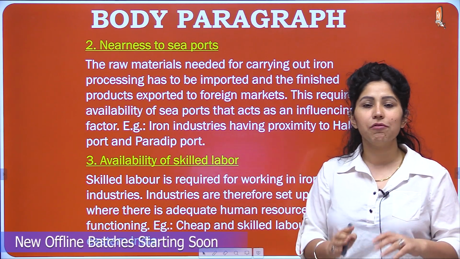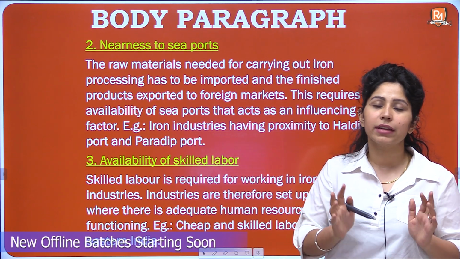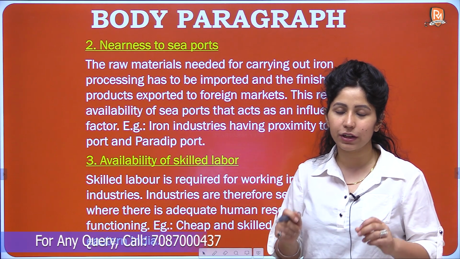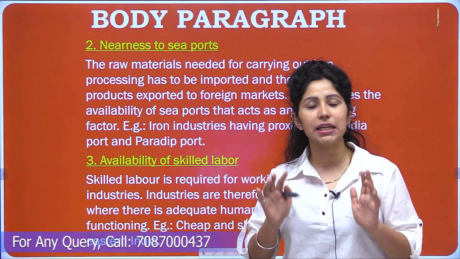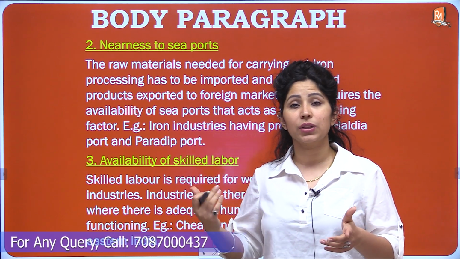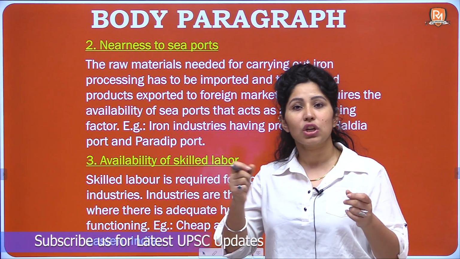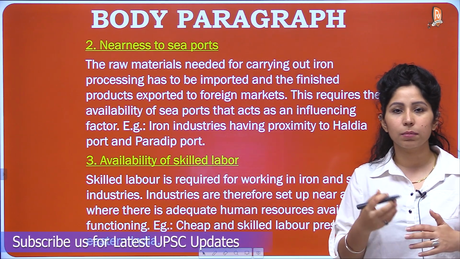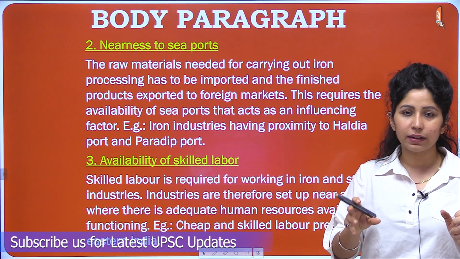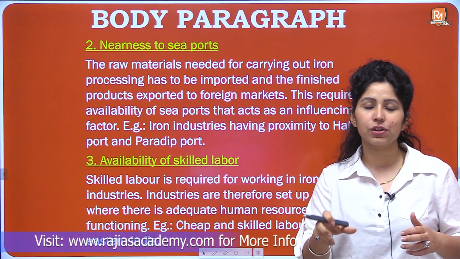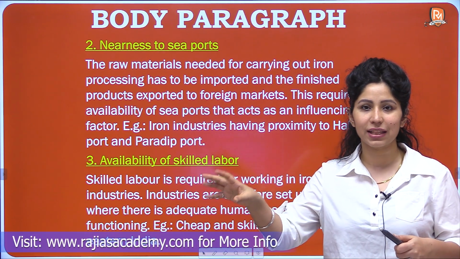But if labor is available in the neighborhood of your industry, and it is available in bulk, so that it is cheaply available, that adds to the motivation of a businessman to set up an industry in that area.